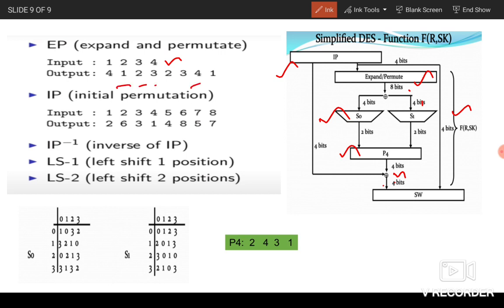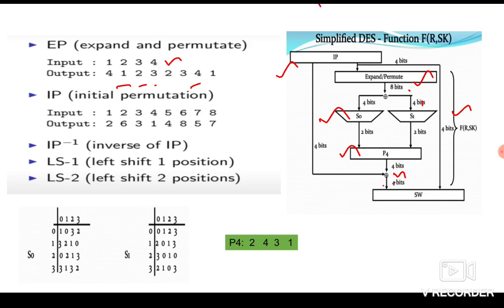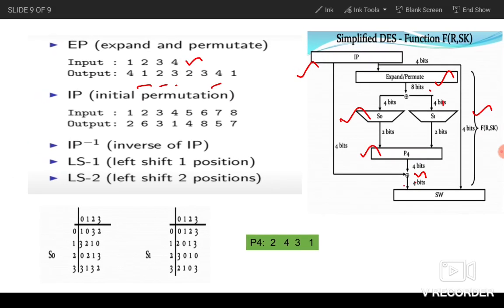Similarly, the bits are expanded. We are adding extra bits in order to make the length 8. Then the initial permutation, that is, the plain text bits are rearranged. Then the inverse of the initial permutation, then left shift 1 position, left shift 2 positions.